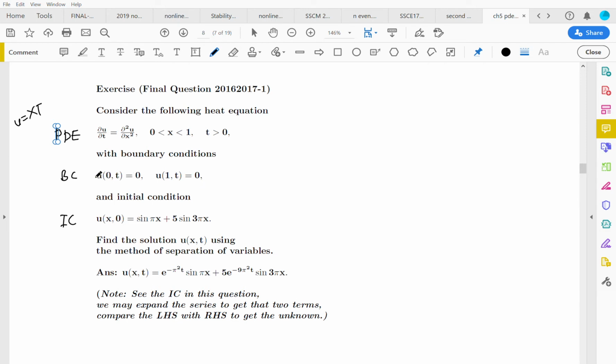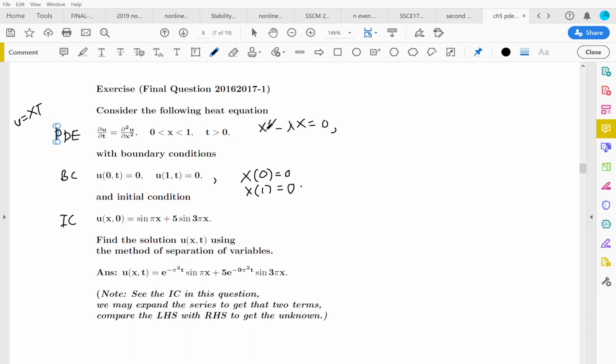So when you transform the boundary condition, the new boundary condition will be on X, but the points will be different. You will get X(0) equal to 0, X(1) equal to 0 as the new boundary condition. If you transform this, you will get the ODE X double prime minus lambda X equal to 0.